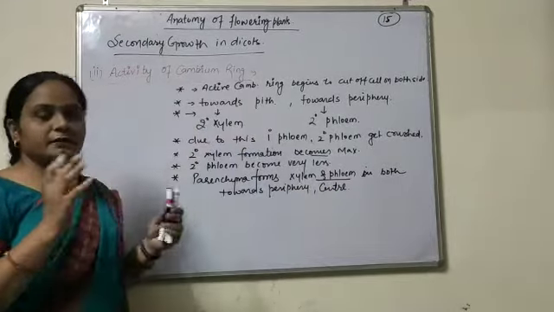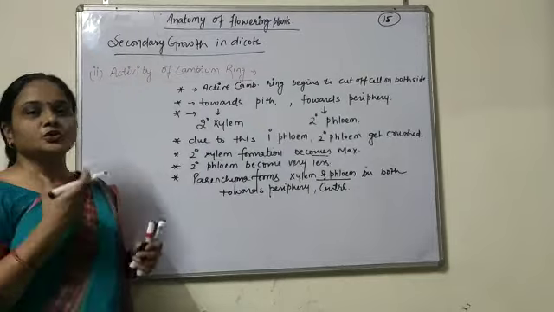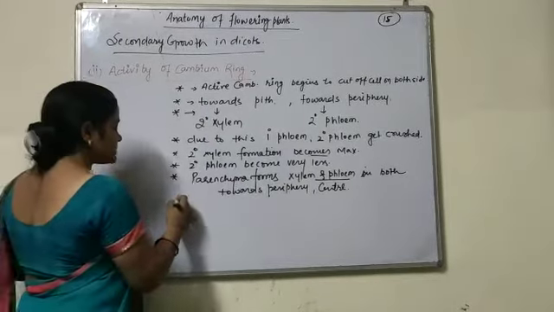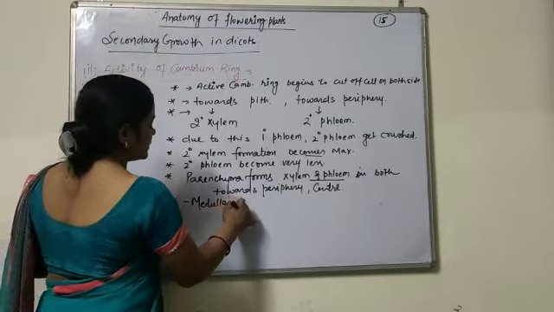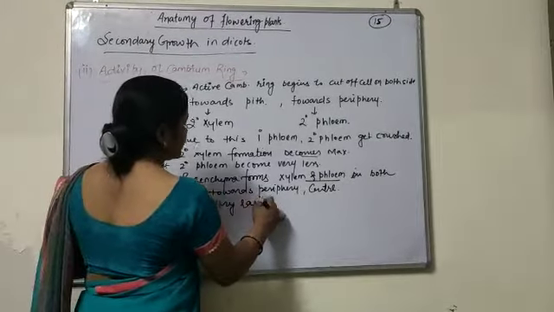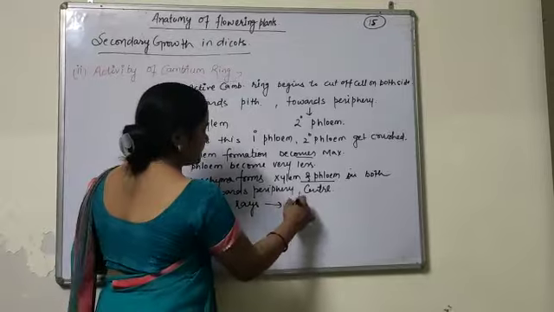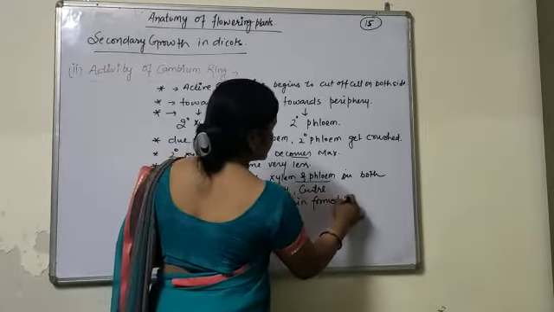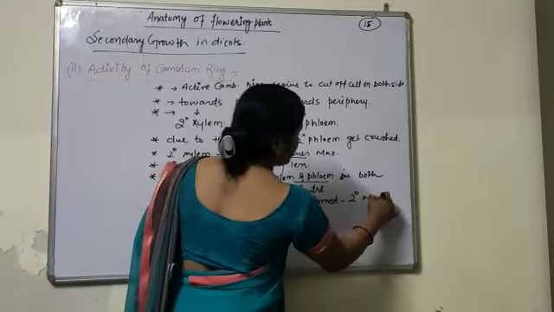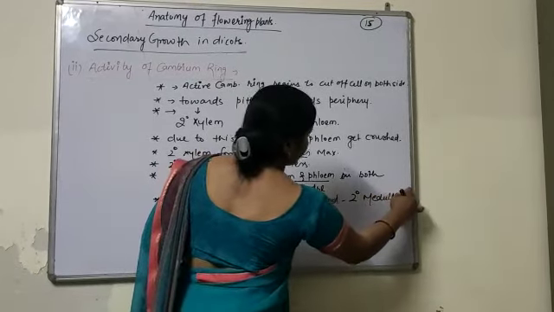Between the xylem and phloem, or you can say between the two vascular bundles, there are the medullary rays. And these medullary rays are formed again, and this newly formed patch is known as secondary medullary rays.